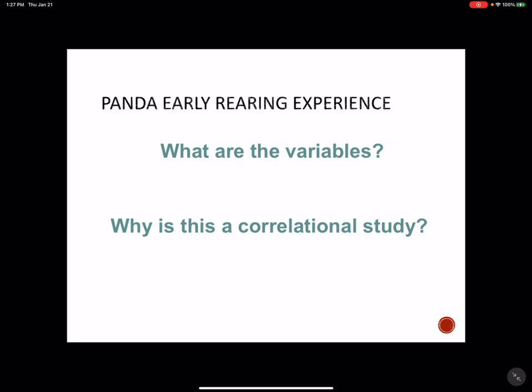They let that naturally happen. So researchers did not manipulate either of the variables. So we can conclude that this was a correlational study. Because remember, the first hallmark of a correlational study is that the researchers do not manipulate variables. They simply observe them and measure them in the real world.